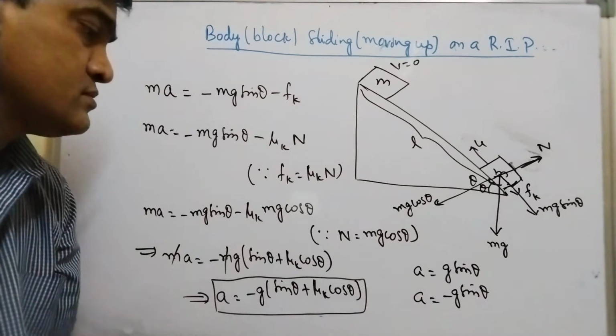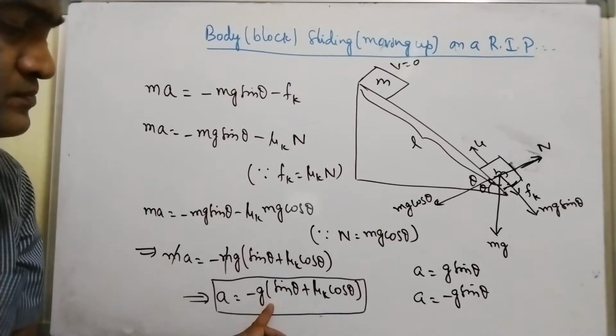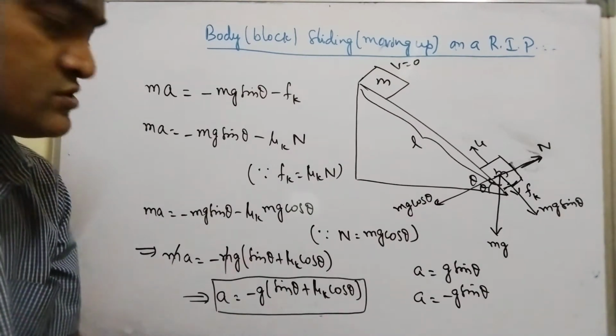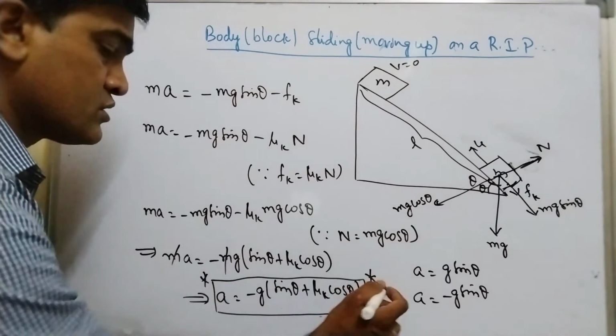Is it not? So just put a minus sign to g into sin theta plus mu k cos theta. That's it. All these formulas are to be remembered.